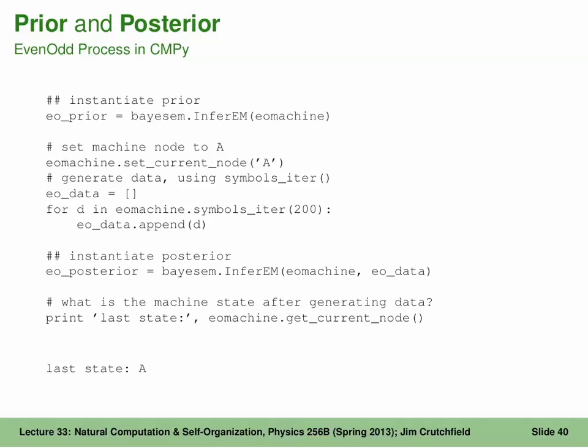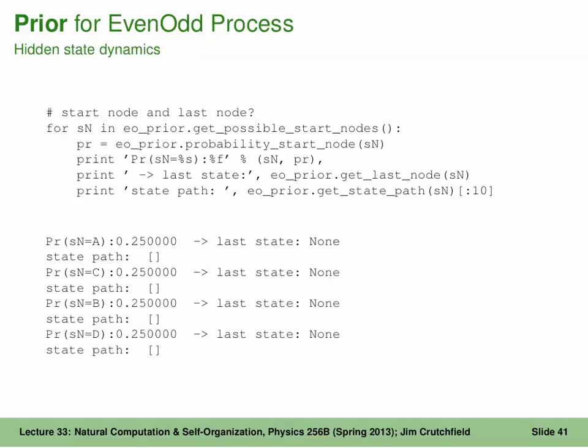And then we're also going to create a posterior. So the same as the prior, but now we're doing the machine and data. And this just prints out what the last state was. So this code is basically just trying to say what are the probabilities of each of the start states and what is the state path.